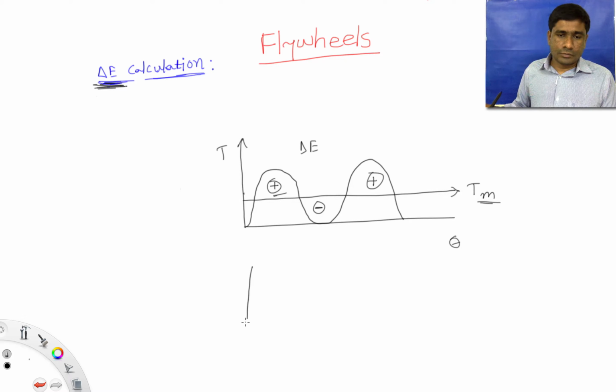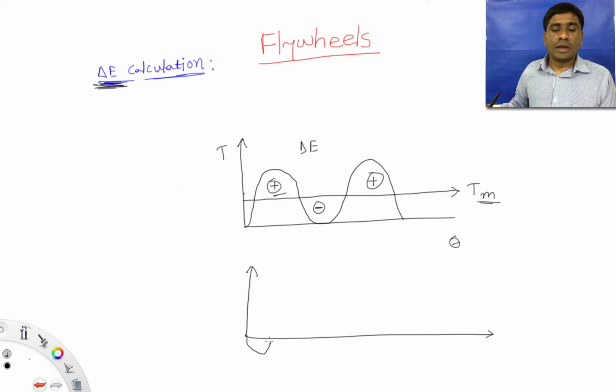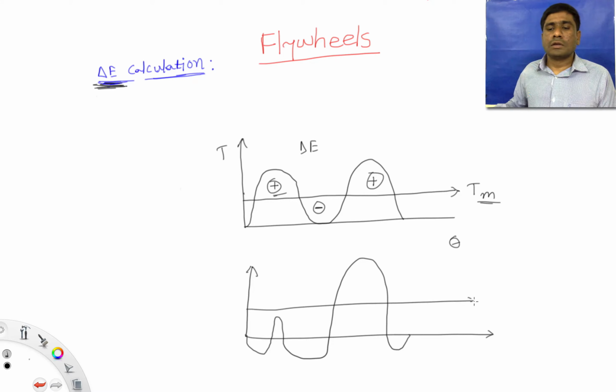Or if the diagram is like in the 4-stroke single cylinder engine, then you can take directly the maximum value. This is the T mean, and this is theta, and this is T. Here, these are all deficit areas.